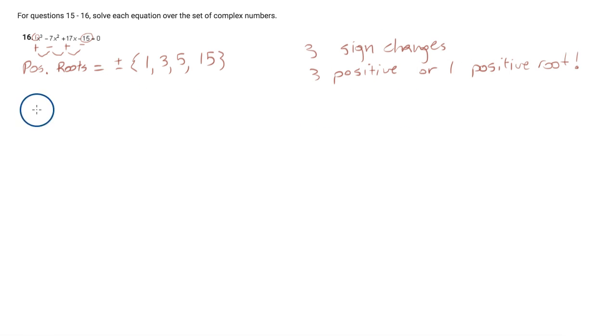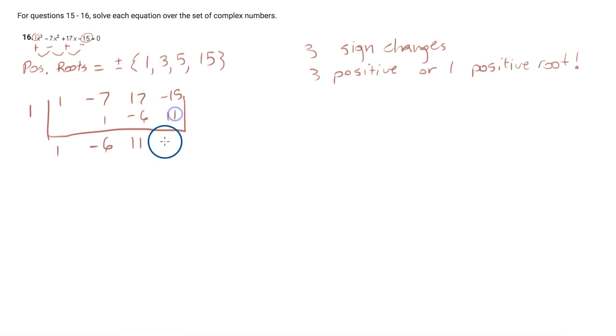So let's go ahead and use some synthetic division, and let's test out the easiest number, 1. If we test out 1, we're going to get 1, negative 6, 6, 11, 11, negative 4, which tells us that 1 is not a root, but it also shows us that we're changing signs every answer in our result.